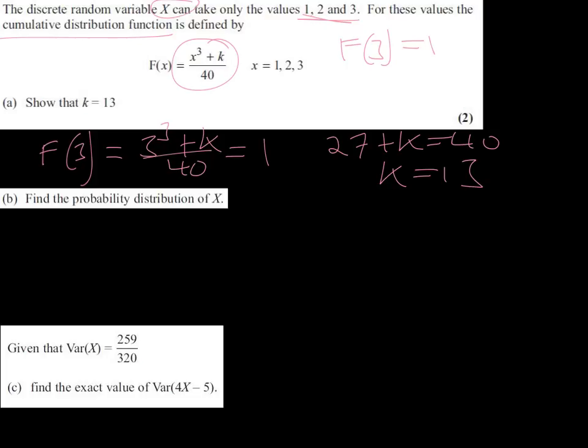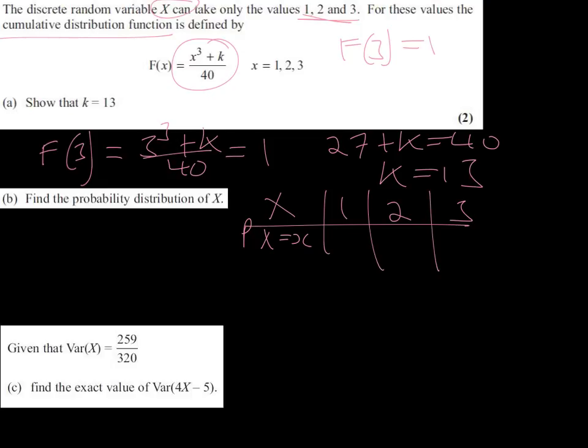In part B then, we don't want the cumulative distribution function, we want the probability distribution function for x. So we are going to need to have the values of x, so here that's going to be 1, 2, and 3, and the probability that x takes each of these particular values.